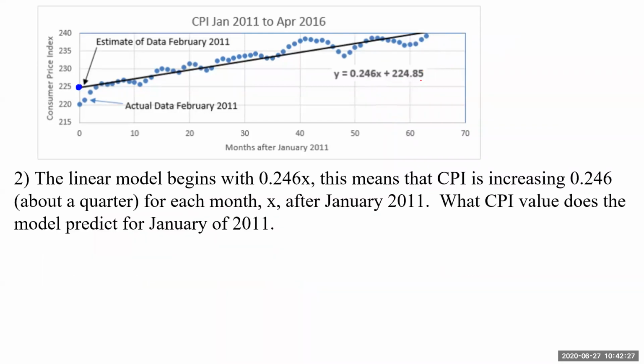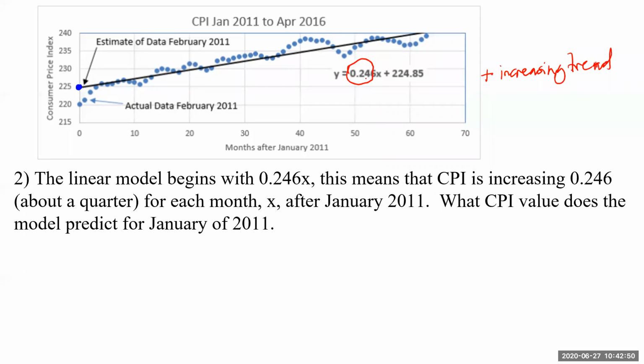Now, the linear model begins with 0.246. This means CPI is increasing. So this is the interpretation of the slope. When this value is positive, we say there is an increasing trend.